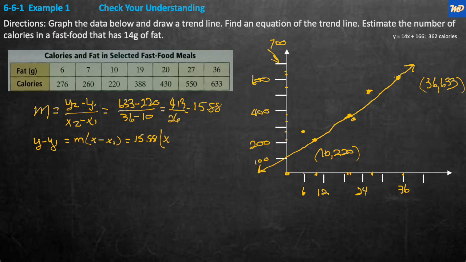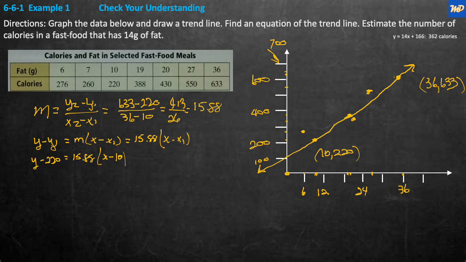Well, we're just going to write x minus x1. Now we're going over to the next line. So I'm going to substitute the y1 and x1. So we're going to have y minus y1 is what? Pick a dot. I'm going to pick 10 and 220. So y1 is then going to be 220 equals m of 15.88 times x minus 10.